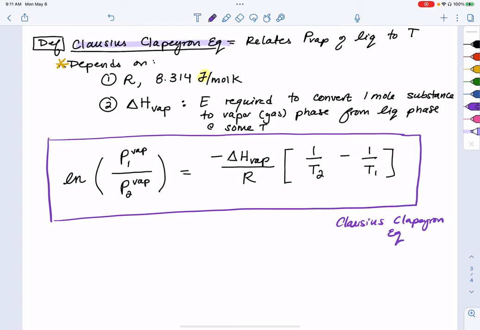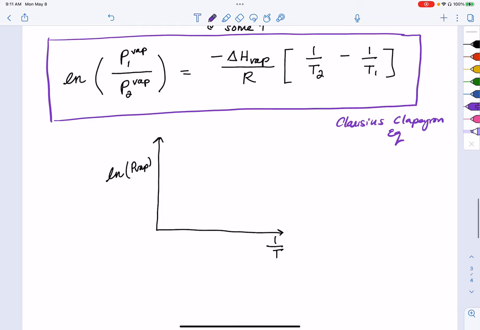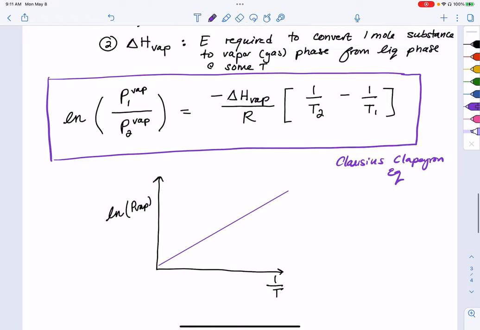So we're going to look at what this function would be if I were to plot, instead of just vapor pressure versus temperature, the natural log of vapor pressure against inverse temperature. This would be a straight line, which we like, right? Straight lines are a little bit easier for us to conceptually and mathematically handle and deal with.